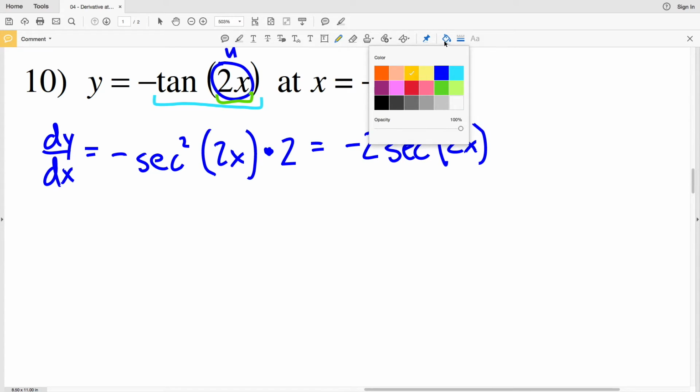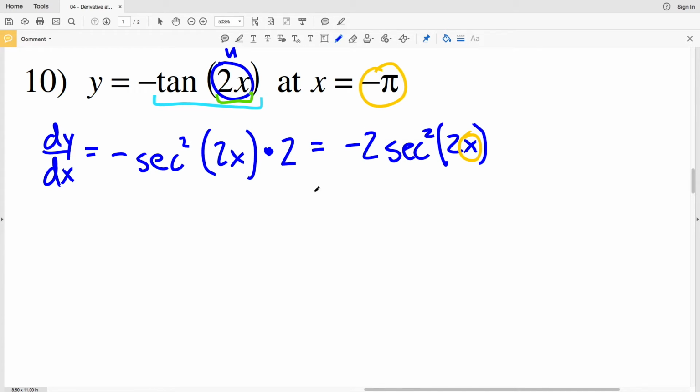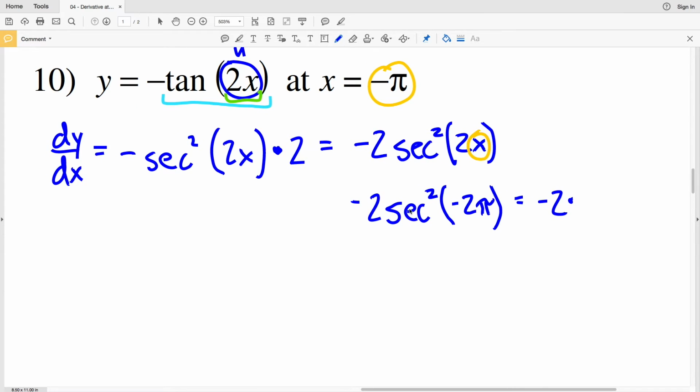Now we can take our value of negative pi and plug that in for x. So we'll have negative 2 times the secant squared of 2 times negative pi, or negative 2 pi. That's going to be negative 2 times the secant squared of negative 2 pi, which is going to be 1 squared, which is 1.